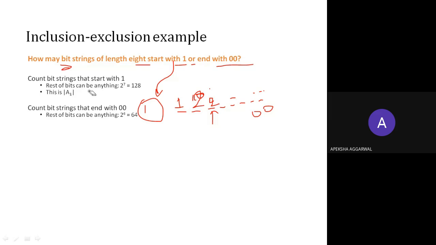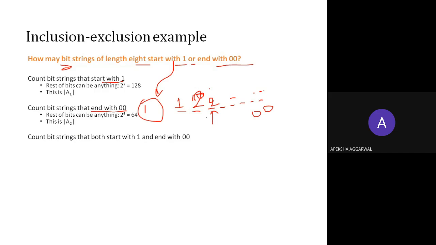Okay, so we are just counting only one thing. We are going to use the inclusion and exclusion principle. Now, this is the number of bit strings starting with one, and this is the number of bit strings ending with 0 0. Now, you have to count the bit strings which are both starting with one as well as ending with 0 0. So, how many would be there?